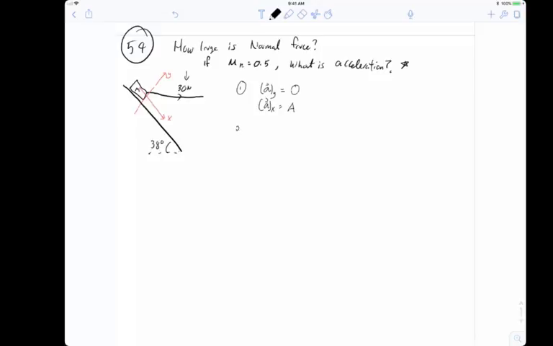2. Net force. So the net force in the y direction is 0, and the net force in the x direction is, what's this kid's mass? 2 kilograms times a. 3.